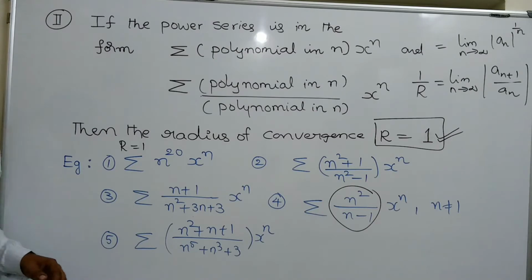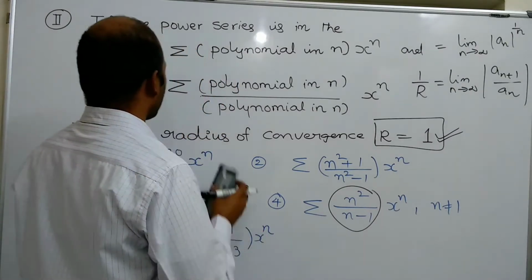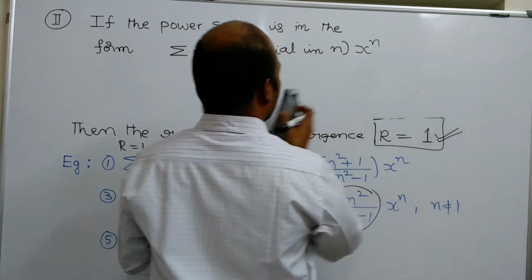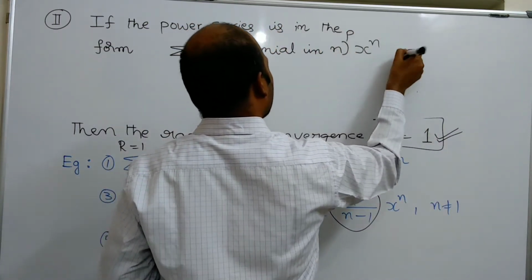If the power series is in the form summation polynomial in n whole power p, where p is a real number.